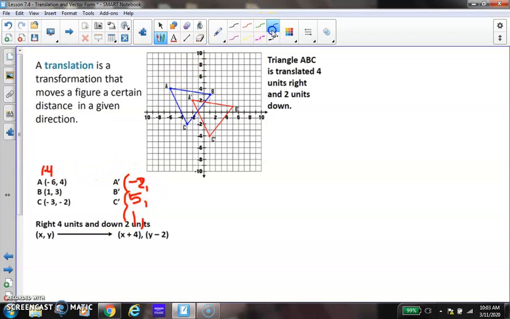That means that I am going to be taking away 2 from all the y values. So instead of it being 4, it's going to be 2. Instead of it being 3, it's going to be 1. And instead of it being -2, it's going to be -4. So if you look back up here at the red triangle for A prime, B prime, and C prime, you can see we have ordered pairs at -2, 2, 5, 1, and 1, -4.